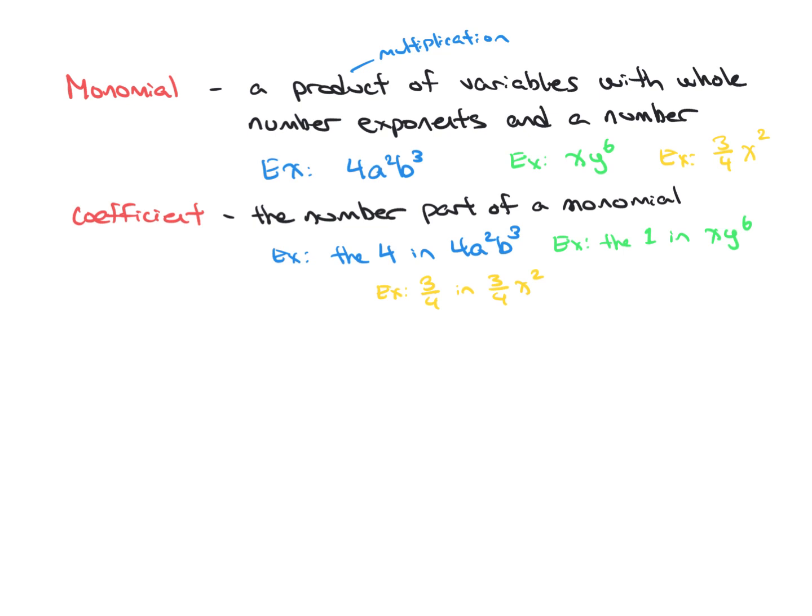Okay, so next I will talk about the word degree. Degree of a monomial. So this is one example of what we call a property of a monomial.